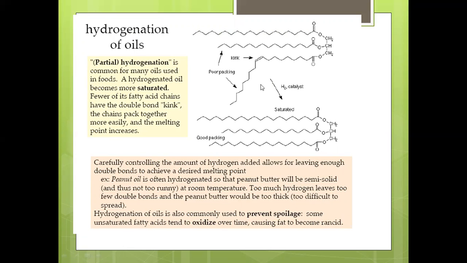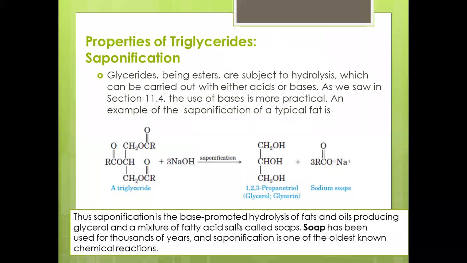If you want to prevent spoilage of our oils and fatty foods from the liquidy part, we want to partially hydrogenate our oils and fatty acids into saturated ones, from unsaturated to saturated. The overall purpose of partial hydrogenation is to slow down the spoilage of our oils. And another reaction, of course, is the saponification of our triacylglycerides.